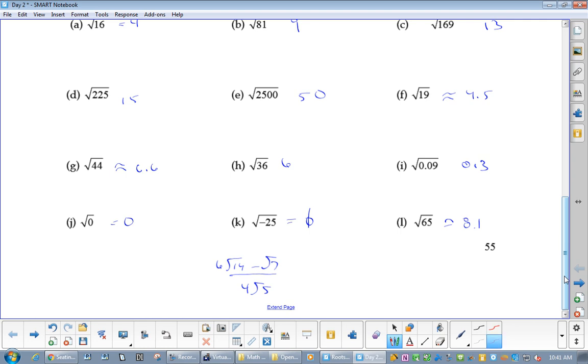Yeah, put it in a calculator, but make sure you put brackets around the top, or else it'll just take your second number and divide by it. And put brackets in the bottom if there are two more of those. So see what you get. 6 root 14 minus root 7 over 4 root 5. What would you get? Go to 2 decimal places. So we'll do a little squiggle, because I bet you it's not going to be nice.